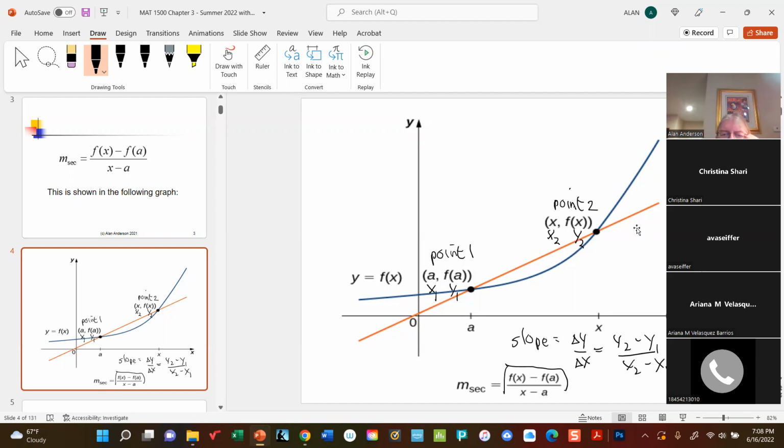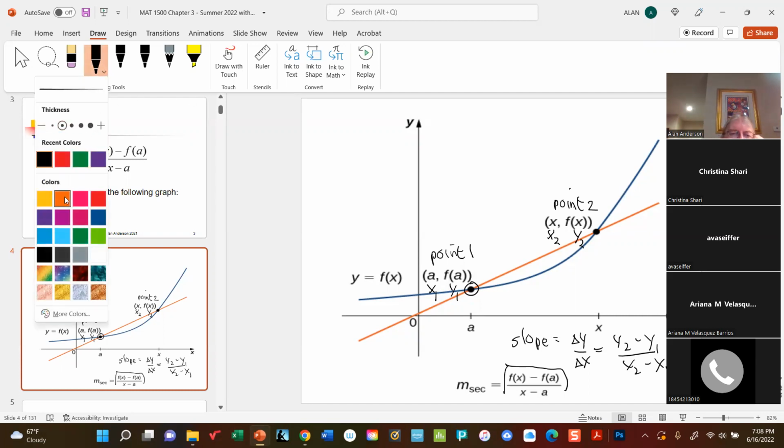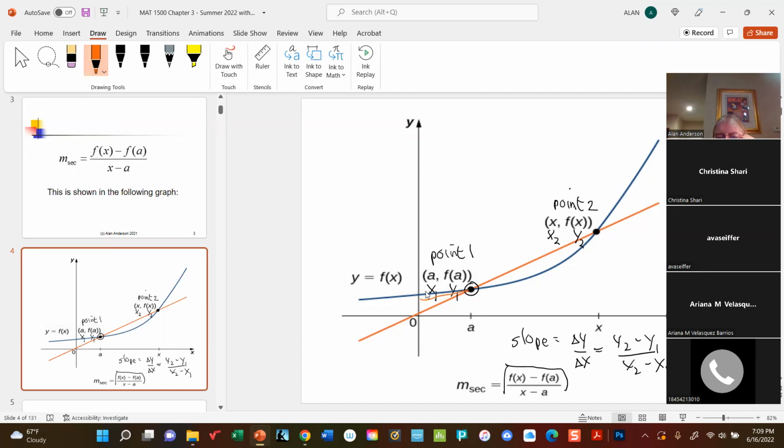Now, we're not really interested in the secant itself. What we're really after is the slope of the function at this point right here, which, as you can see, the slope of the secant line is not equal to the slope of a tangent line that you could define at this point. So this would be roughly what a tangent line would look like at that point.